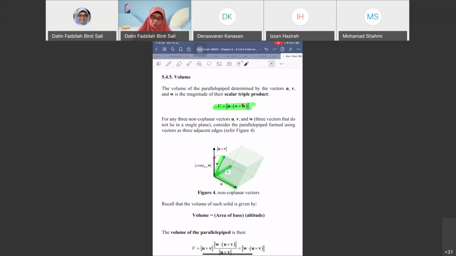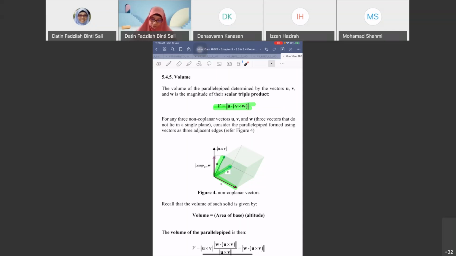But your number can be negative in this case. Your number inside here, the scalar triple product, can be negative. But because of this magnitude here, straight away it becomes your absolute value. If you have a negative number inside, it becomes positive. Because what we want is a volume, so definitely it has to be a positive number. So this symbol can also be regarded as an absolute value symbol.